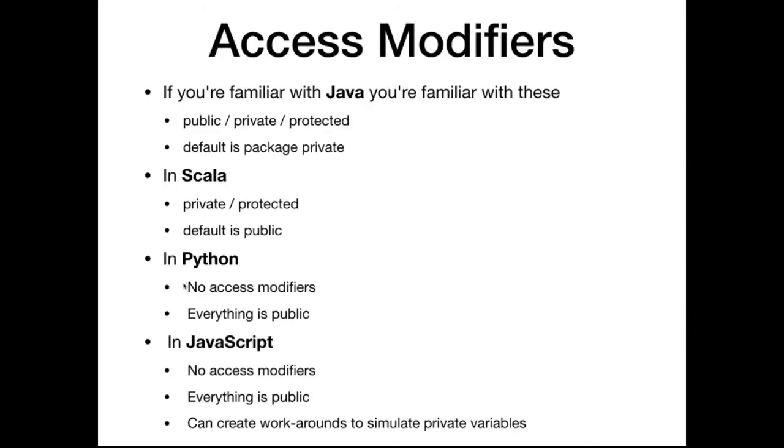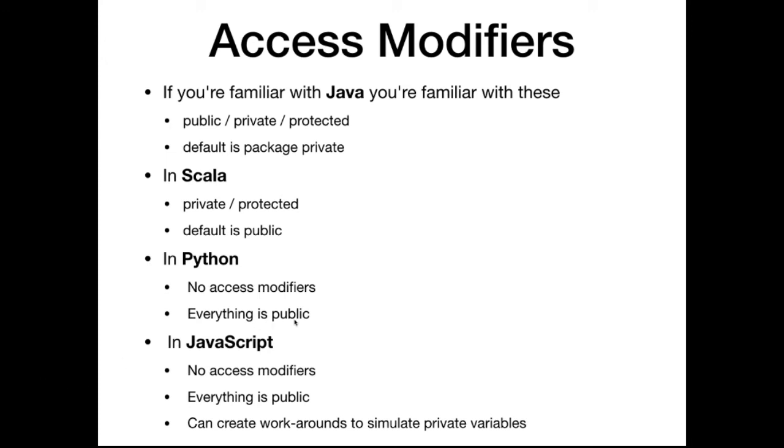So for example, Python and JavaScript, access modifiers are not even part of those languages. They don't even exist at all in those languages. So if you've heard this before, access modifiers, you need them, they're so important and everything, well, those people probably don't like Python or JavaScript if they're saying that, because they don't even exist.